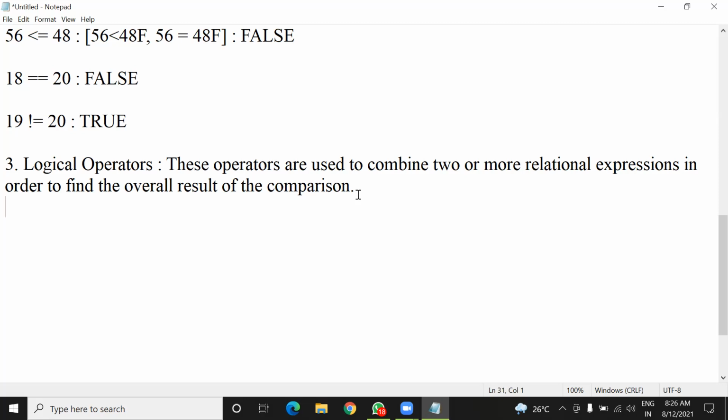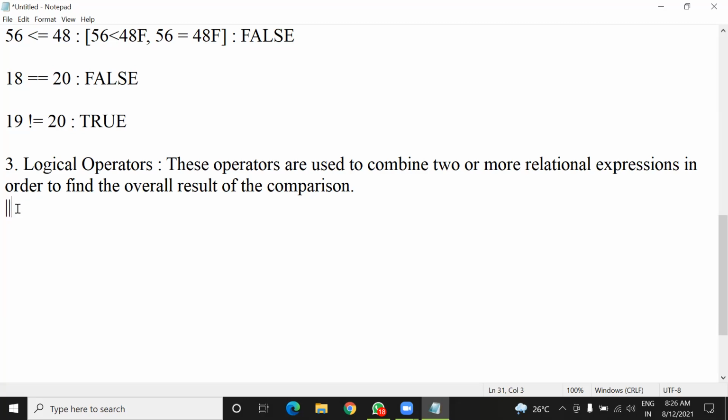First of all, you should know what the operators in this logical category are. There are three operators in the logical category. This one is the first: two vertical lines. It is available on the keyboard as one line, so you have to type it two times.